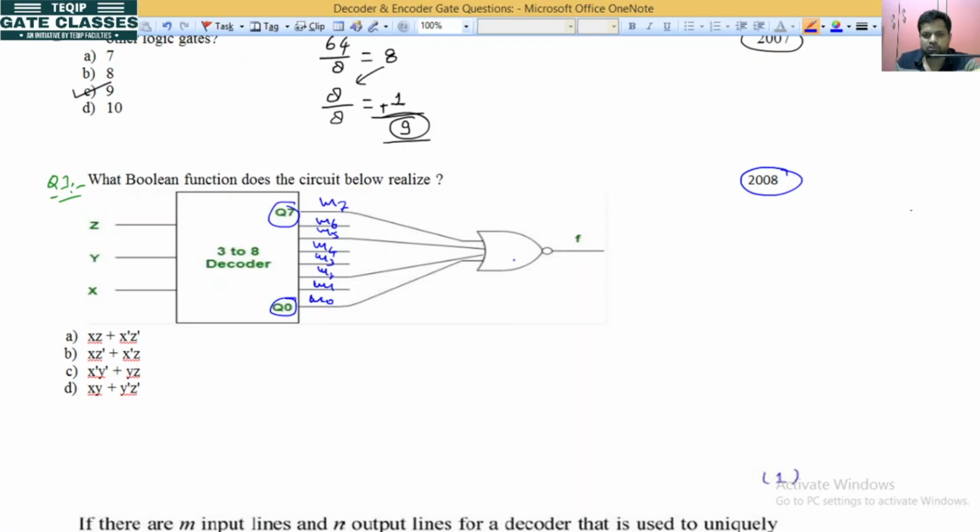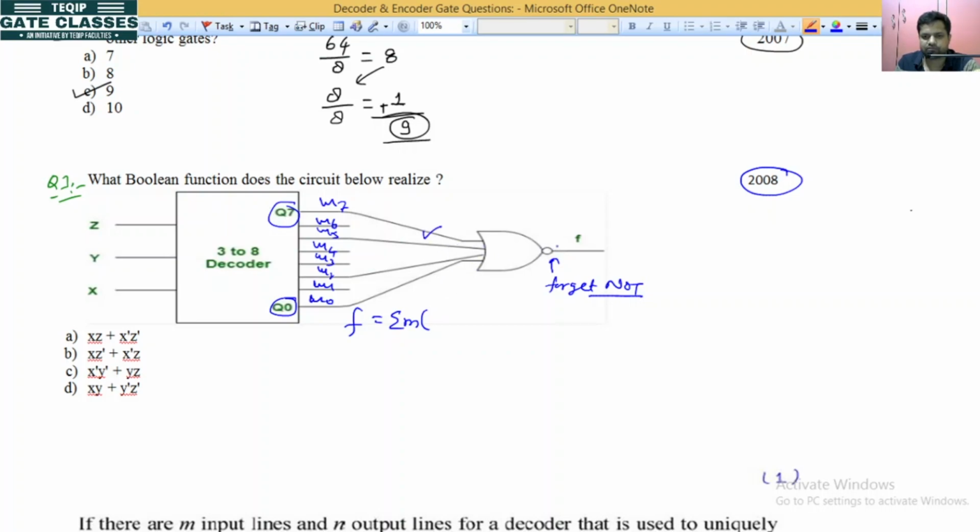Now if you see, forget this NOT gate. Forget the NOT also, assume that the NOT is not attached. So in that case what will be the F? It will be summation of min terms which are connected with this OR gate.